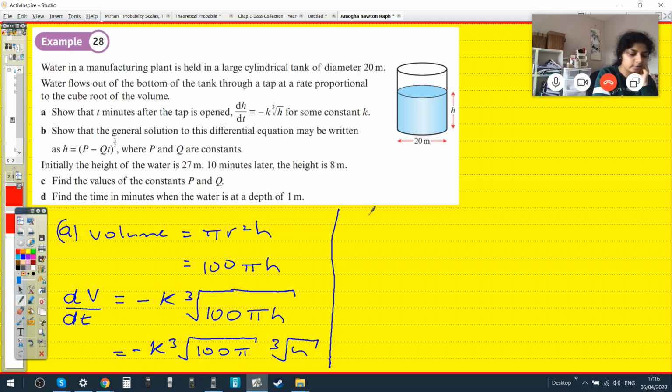Oh, since you know v is equal to 100 pi h, you could find dv by dh by just differentiating that. So you'd just have 100 pi. And then dh over dv is just 1 over 100 pi. It's just a reciprocal.